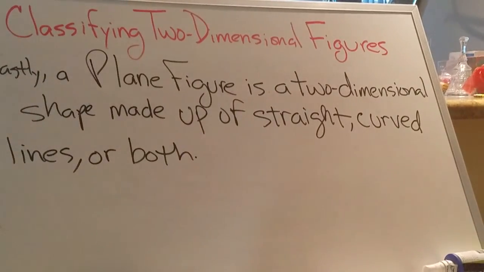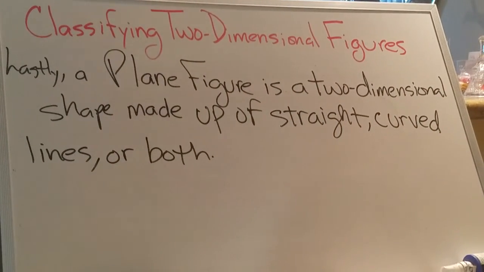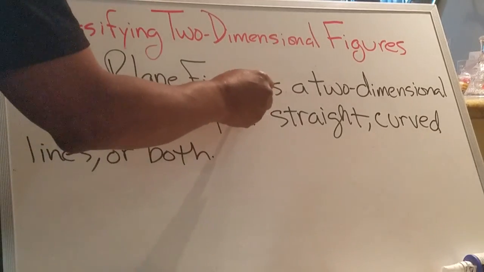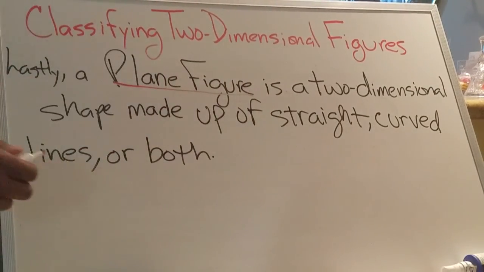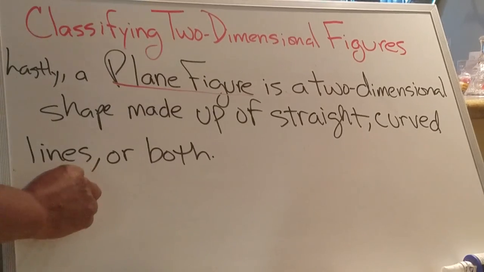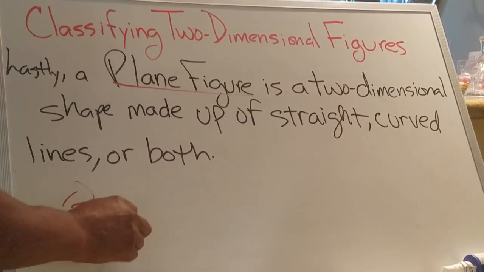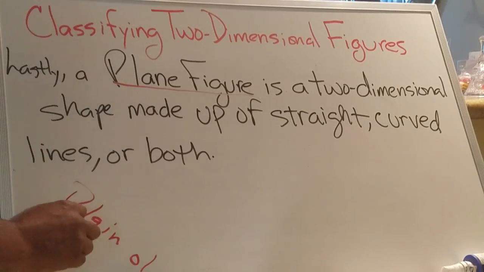All right, lastly, I want to talk real briefly about how everything we've talked about is really a plane figure. Class, repeat that, plane figure. Yes, plane figure. Plane figure is really just a plain old figure. That's one way to remember it.